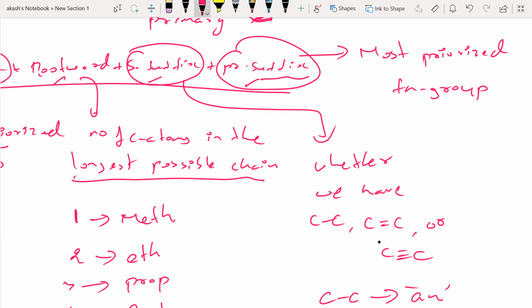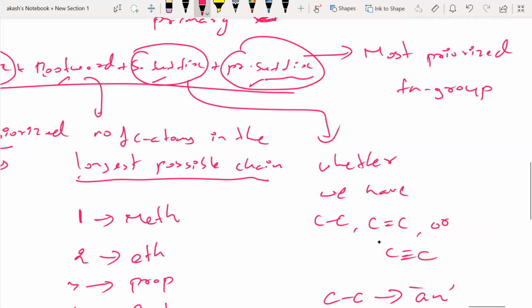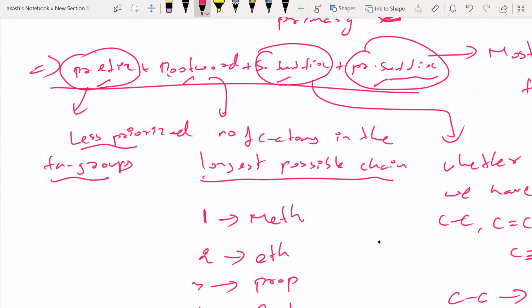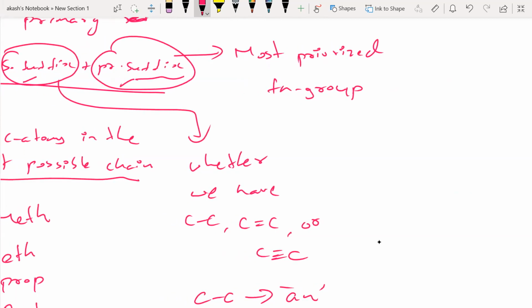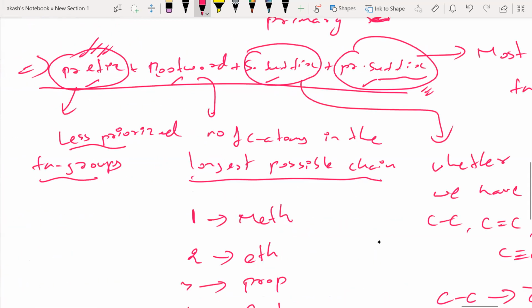For all the other 9 which are going to have lesser priority, you have to go for prefix. Again, I repeat, if you have 10 functional groups, one of them will have maximum priority, and that will be written in the primary suffix part. All the other 9 which have lesser priorities will come in the prefix part.